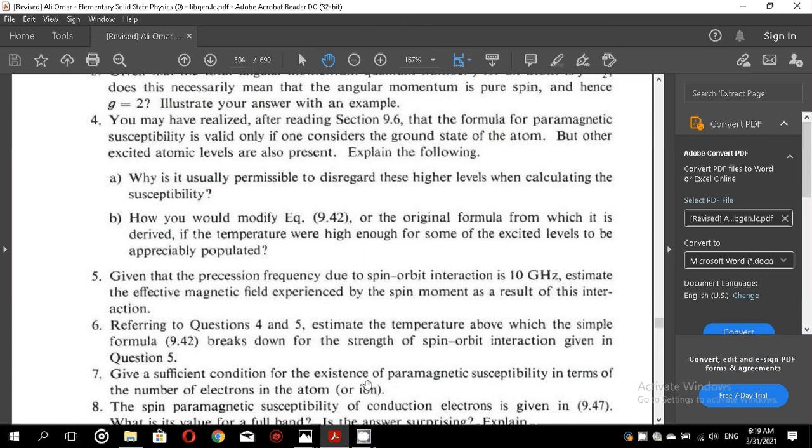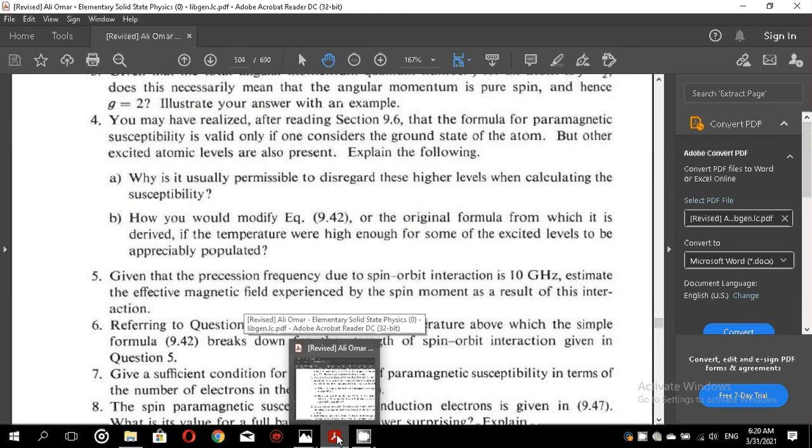Give a sufficient condition for the existence of paramagnetic susceptibility in terms of the number of electrons in the atom. Well, you know it very clearly that for the paramagnetic behavior we should have few unpaired electrons in the outer shell, so that is the sufficient condition as I have mentioned in the answer.